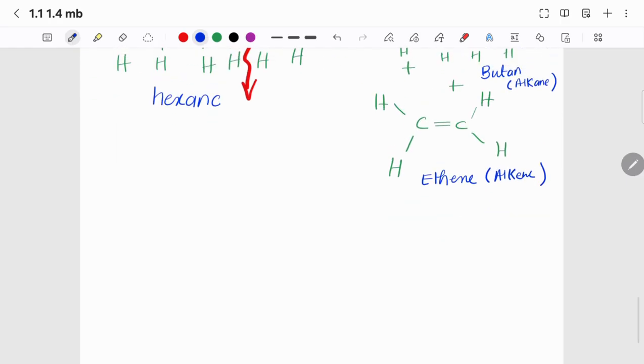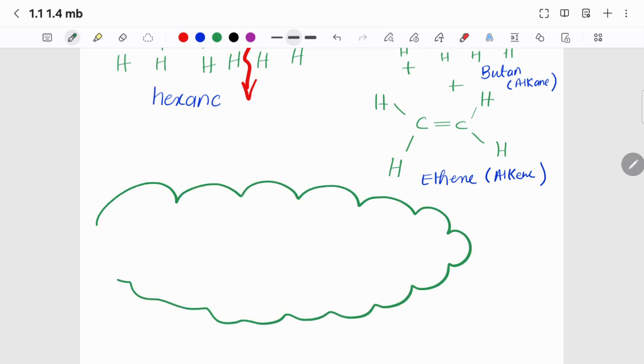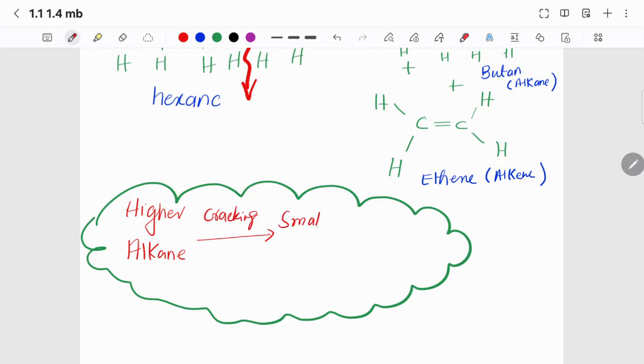So here I can write that a higher alkane upon cracking produces a smaller alkane as well as a smaller alkene.